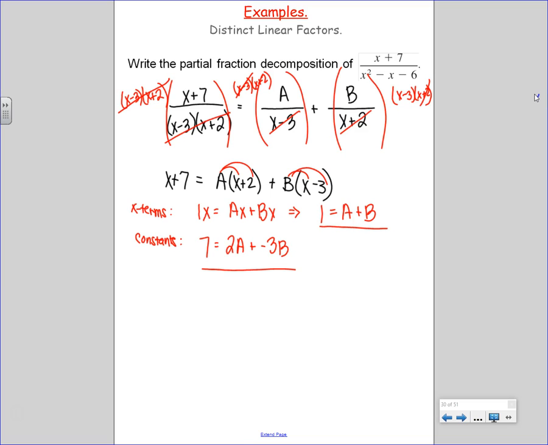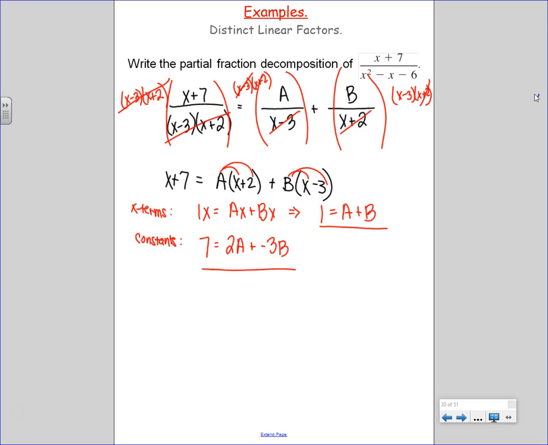But then if we look at this, it's only one equation. How can there be a system when there's only one equation? It's more like look and see what you have. On the left-hand side, don't we have an x term and a constant? On the right-hand side, we have x terms and constant terms.